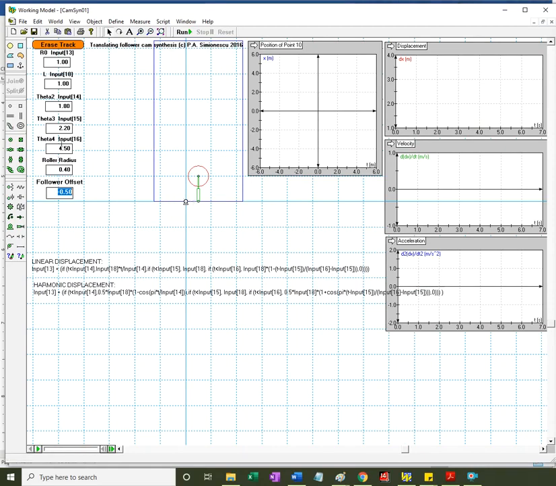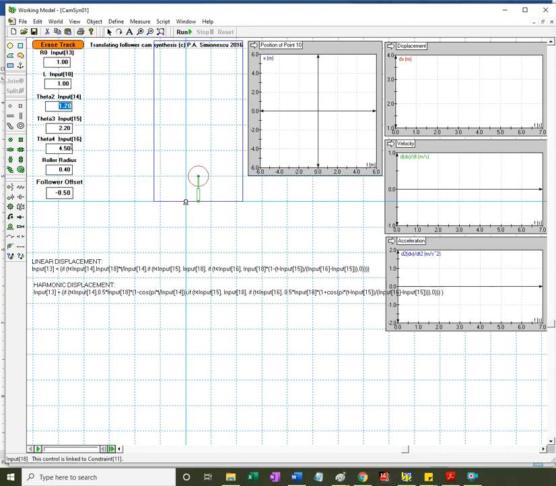So roller radius, and then I can control, these are angles in radians, the amount of rise or lift, and when the upper dwell ends and when the return ends. So I could make this 1.2 radians.